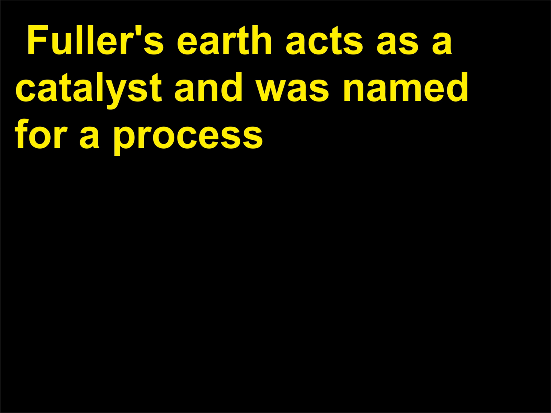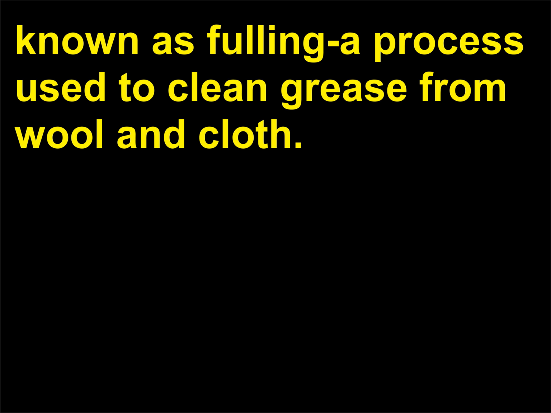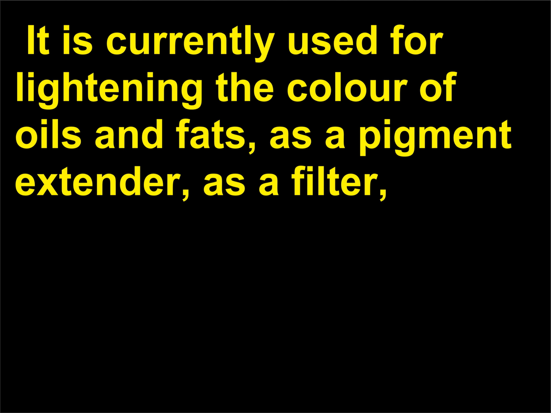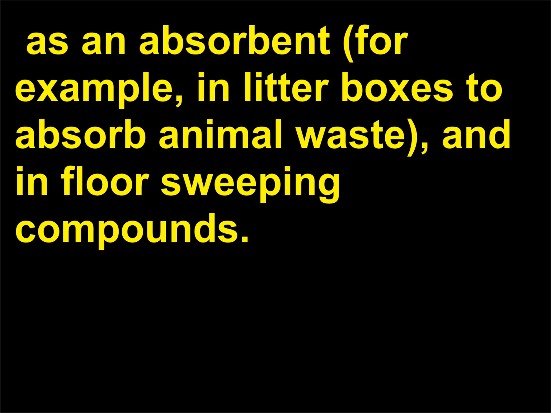Fuller's earth acts as a catalyst and was named for a process known as fulling, a process used to clean grease from wool and cloth. It is currently used for lightening the color of oils and fats, as a pigment extender, as a filter, as an absorbent, for example, in litter boxes to absorb animal waste, and in floor sweeping compounds.